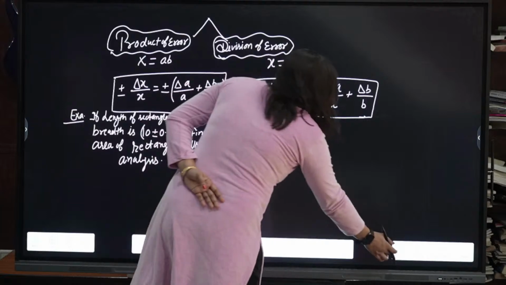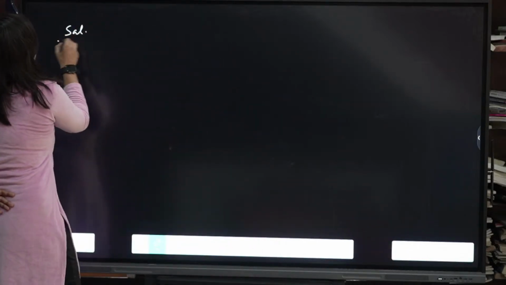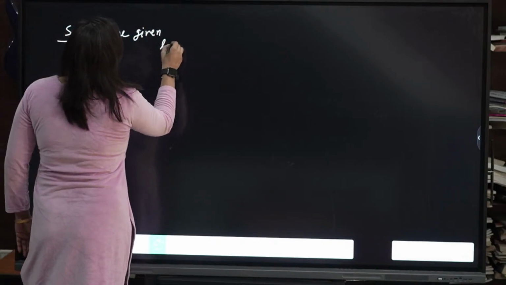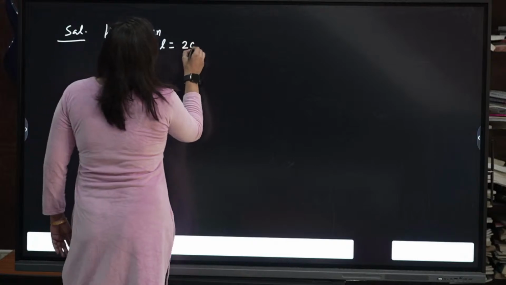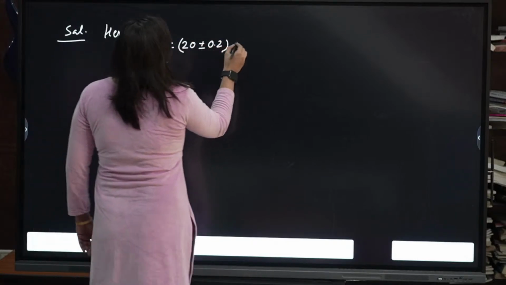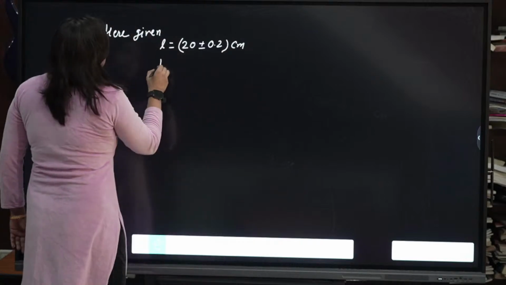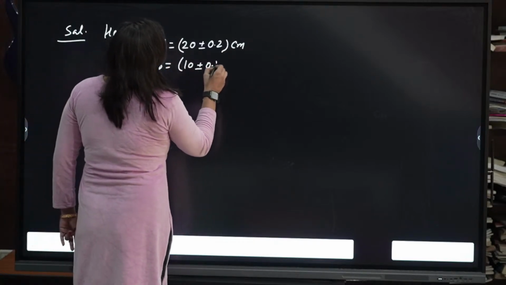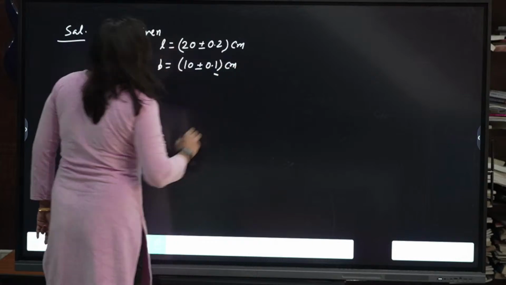So simple question. When you solve it, here given length 20 plus minus 0.2 centimeter, breadth here 10 plus minus 0.1 centimeter.